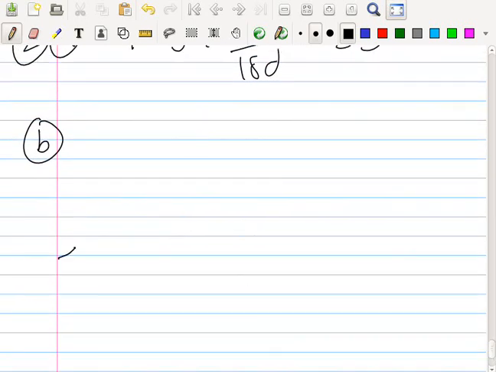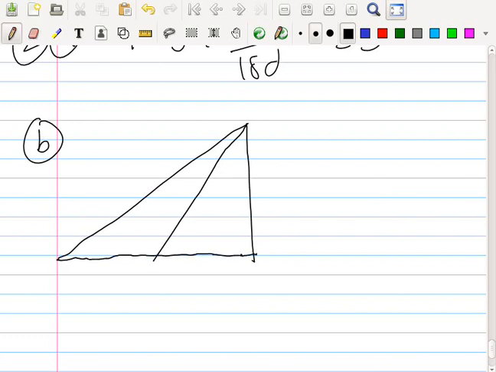Well, we've seen these types before, haven't we? And then here to here, that's 40. And we want the height here. My hint for these is it's always helpful to find the x here first.